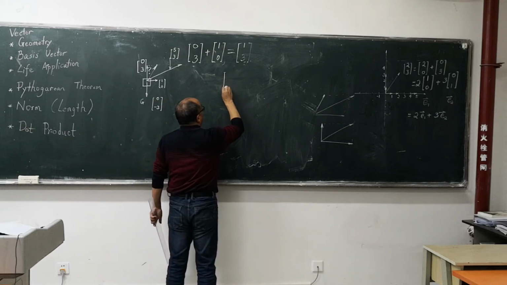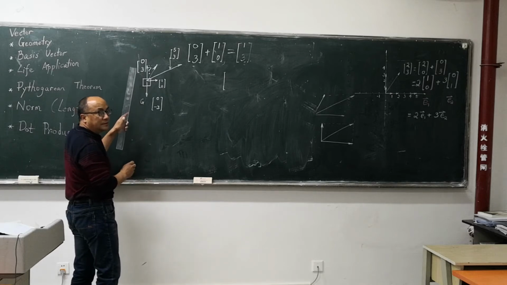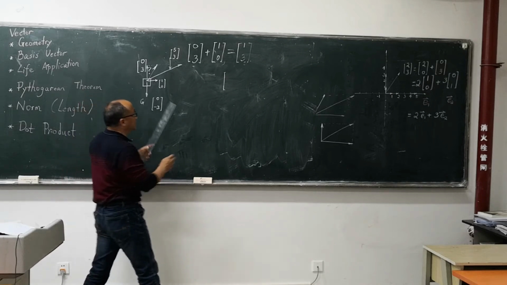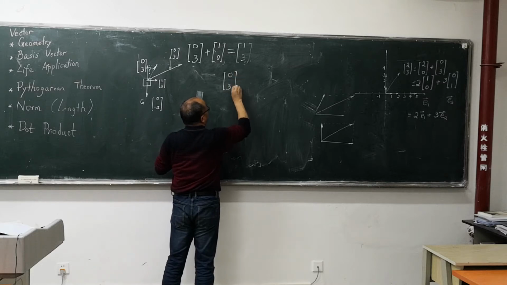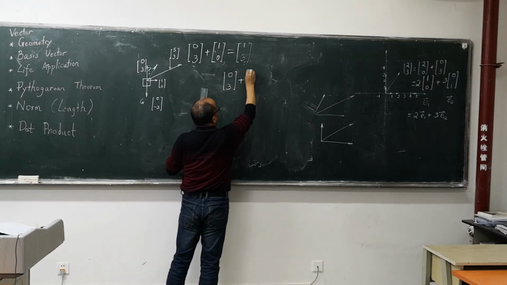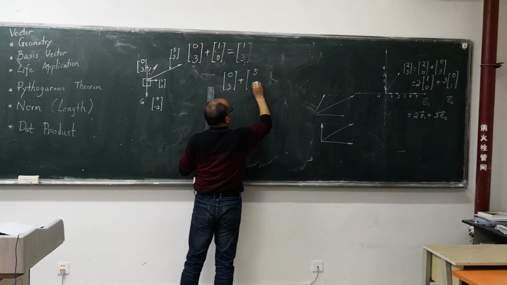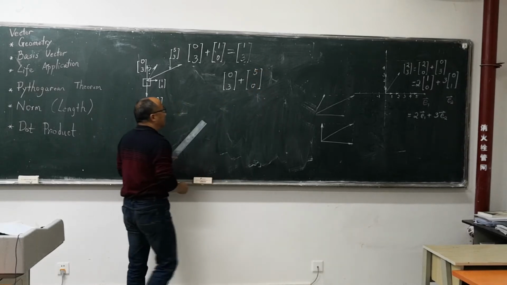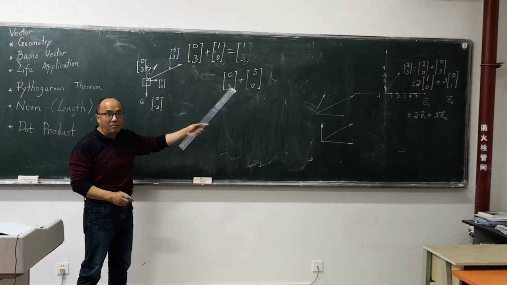Then we can look at it as one component is 0, 3 and another component is 5, 0. This one can be looked at as two components.